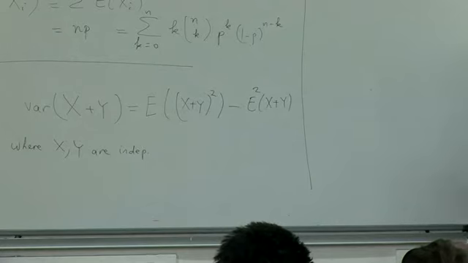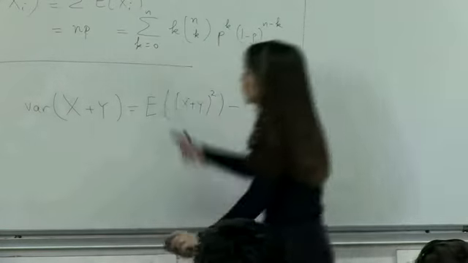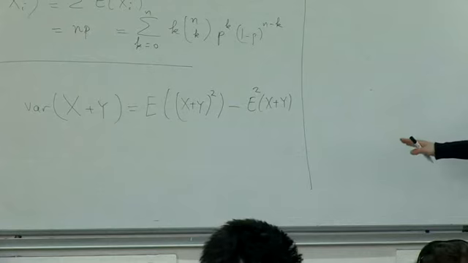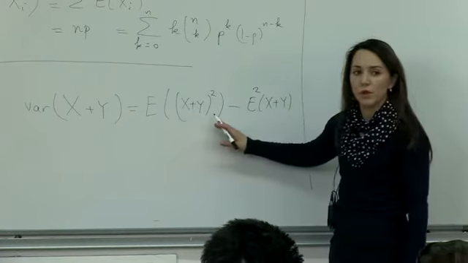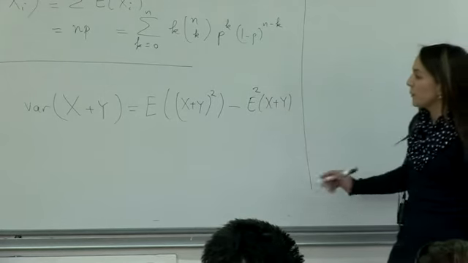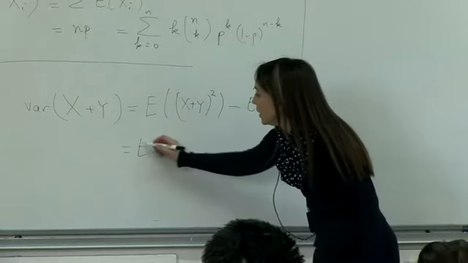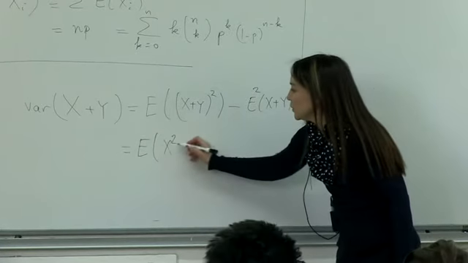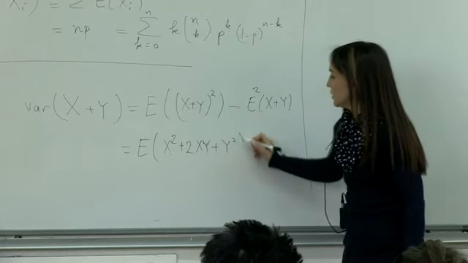Okay. What's next? So far we have not used independence, so let's erase this expression. Okay? So this is true in general for any two random variables X and Y, right? The variance of X plus Y equals the expectation of (X plus Y) squared minus the expected value of X plus Y, squared. Okay, so let's expand the summations. This is X squared plus 2XY plus Y squared.